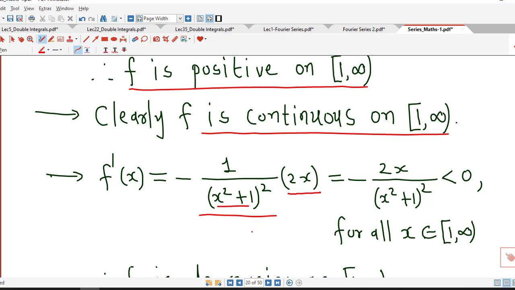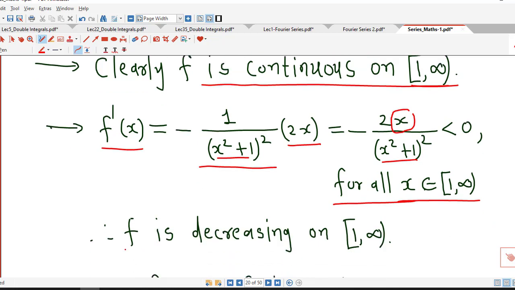This is by the chain rule, and we can rewrite it as minus 2x divided by (x squared plus 1) whole squared. Because x is from 1 to infinity, x is always positive. The denominator is also positive for all x, and due to the negative sign this is less than 0 for every x in this interval. Therefore the first derivative of f(x) is negative for all x in this interval, therefore f is decreasing on [1, infinity).